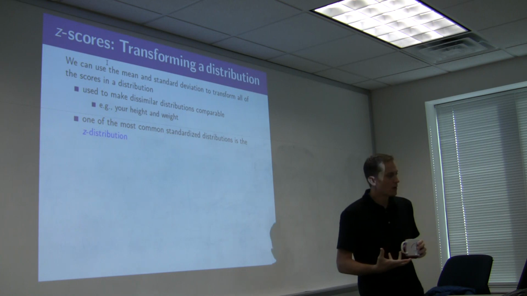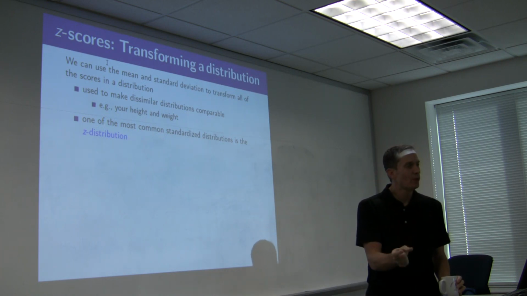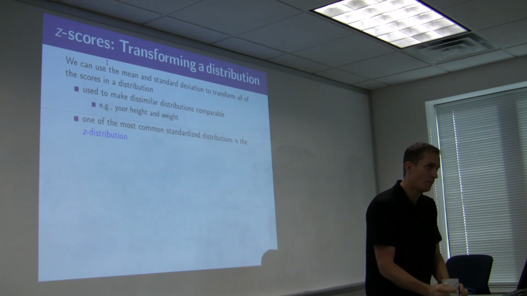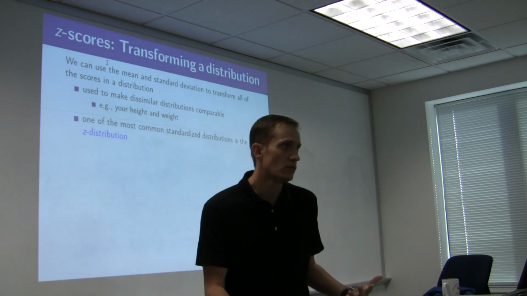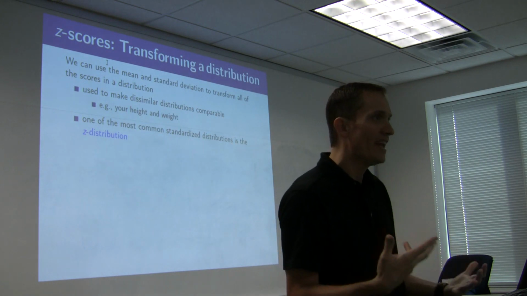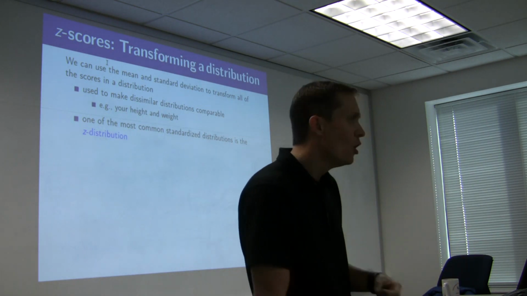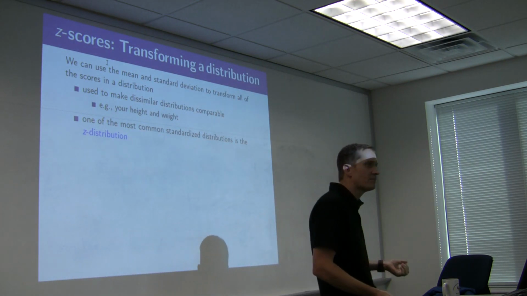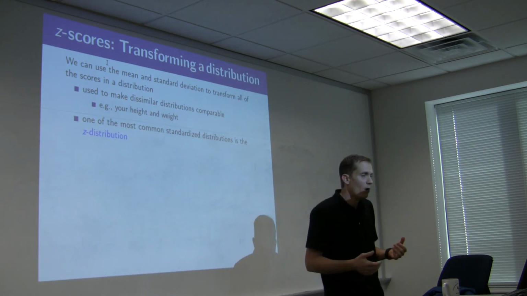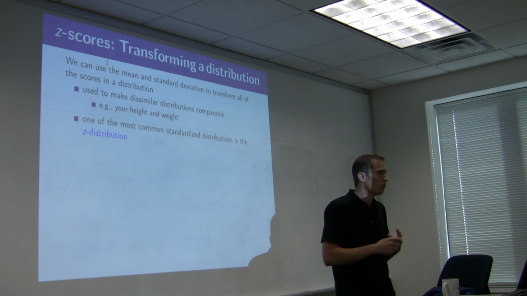The z-score is a way to make dissimilar distributions comparable. So if you want to talk about height and weight, those are on two different scales, okay? Height is on a scale of inches with certain numbers that you would expect. Weight is on a scale of pounds with other kinds of numbers that you would expect. And so you can't talk about, well, my height is bigger than your weight.